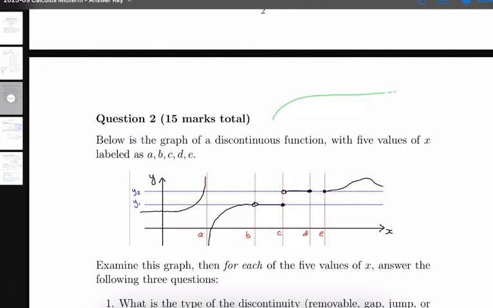So I removed the discontinuity. If by adding that one point the function becomes continuous in that interval, then it's called a removable discontinuity. So B is removable.